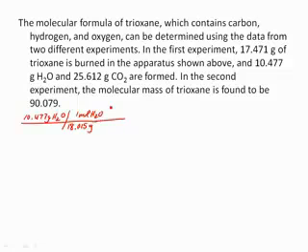And then for every 1 mole of water, I get 2 moles of hydrogen. And for 1 mole of hydrogen, I get 1.008 grams of hydrogen. So I can work it out that way: 10.477 divided by 18.015 times 2 times 1.008.